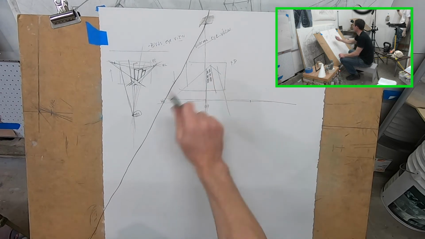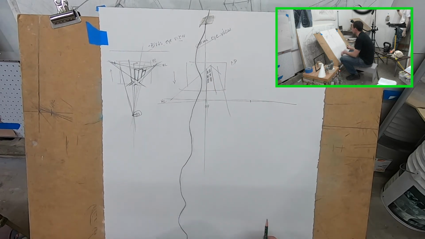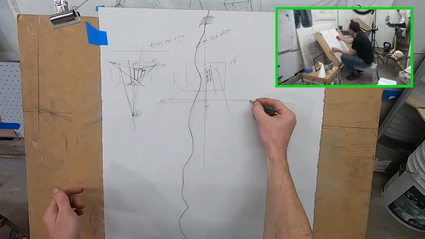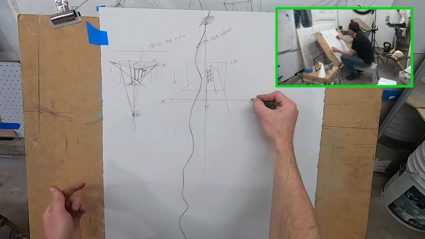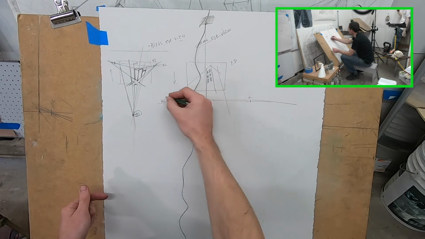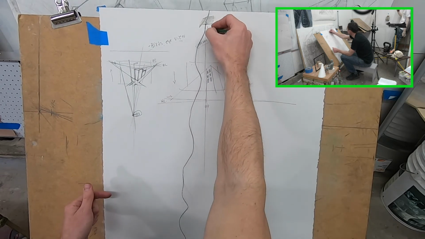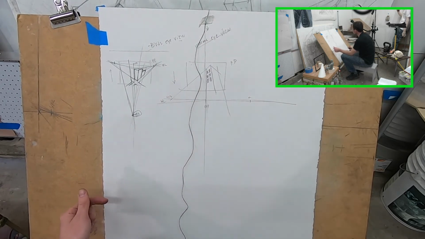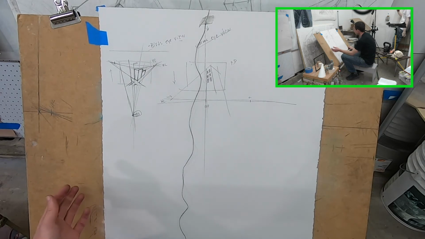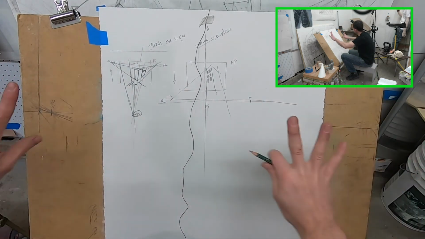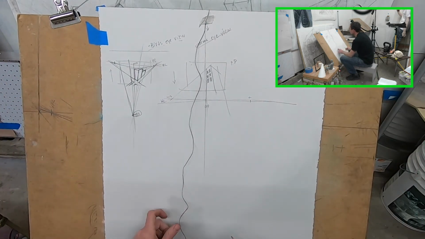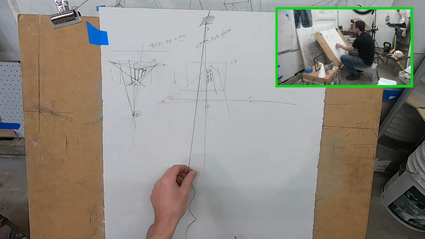Now, one thing that you'll notice as you do these is, if your vanishing points are closer together, then you're going to get more distortion. If they're further apart, then it's going to feel a little more naturalistic, a little less distorted.